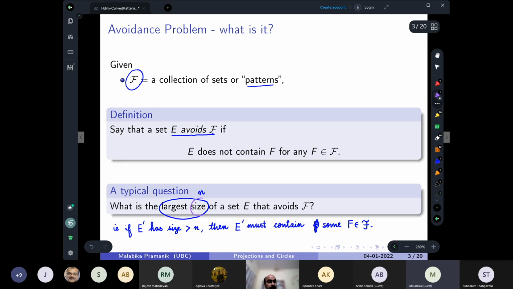So this word needs clarification. What is size? And where is all this happening? Where does E live?